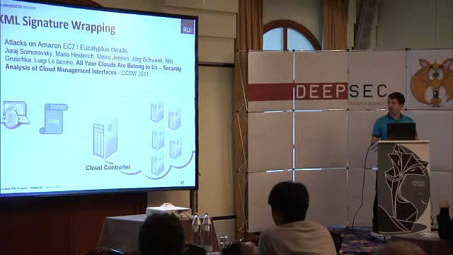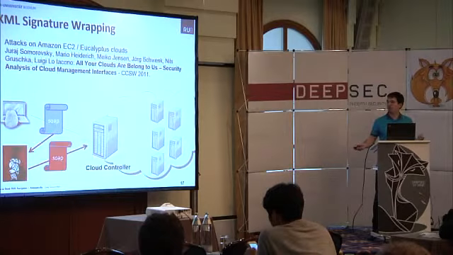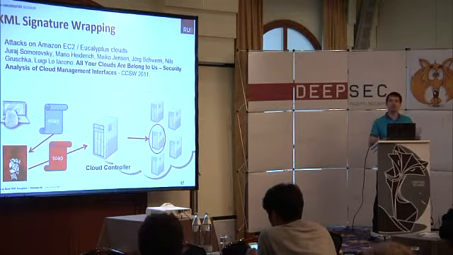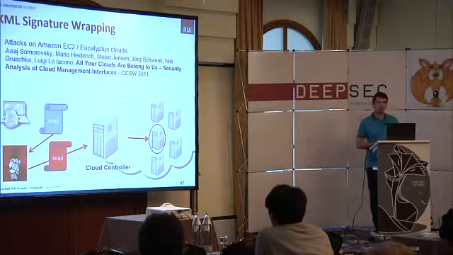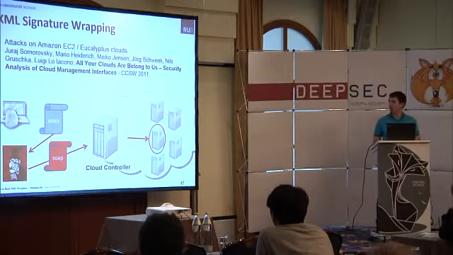And it was possible to execute signature wrapping. The attacker could eavesdrop the message, modify it, send it to the cloud controller, create new instances, get private keys from the server, and so on. So he could get the whole cloud of the customer.